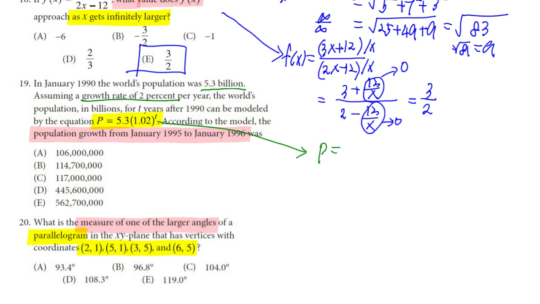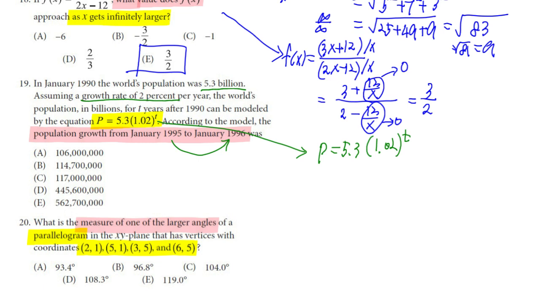P equals 5.3 times 1.02 to the t power, where t is the number of years after 1990. Question. From 1995 to 1996, how much will the population grow? How many people will be increased between these 2 years?